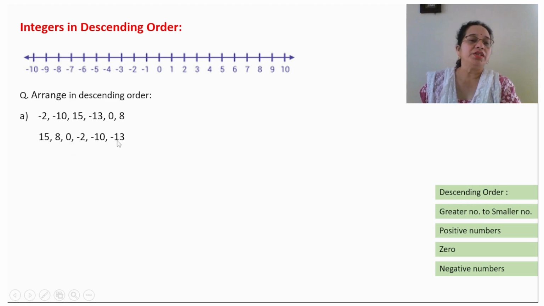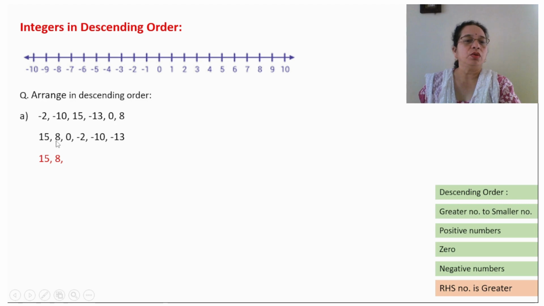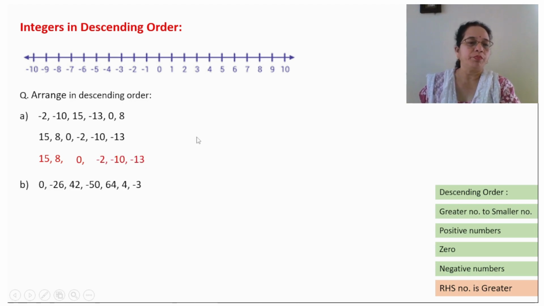Now we will arrange in descending order. So which one is the descending order? 15 and then 8, 0, -2, 15, 8 and 0. And then which one is the greater number over here? -2, then -10 and -13. This is already in the given order.